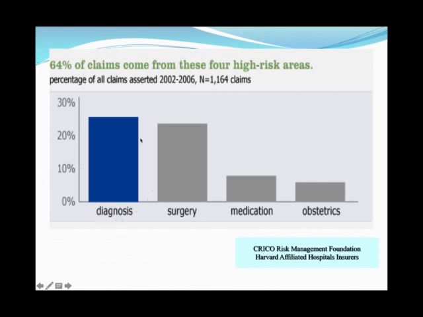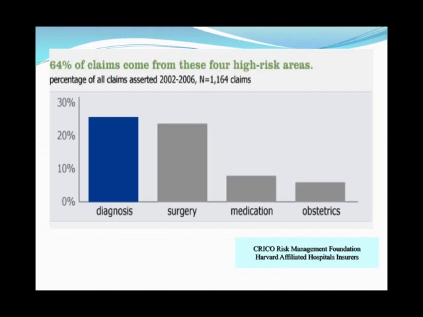Out of all of these, patients have the most complaints about a diagnostic error, where a wrong diagnosis was made, like they were told they just had a pneumonia and really they had lung cancer, or it was delayed. At first the doctor thought they had a pneumonia, and later found out it was cancer, but it was 6 months later, and now the patient is going to die from the lung cancer.